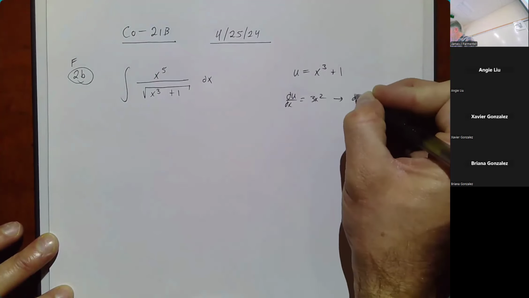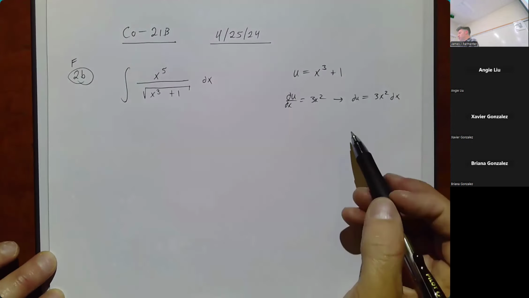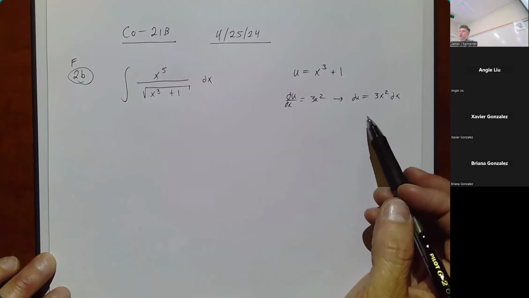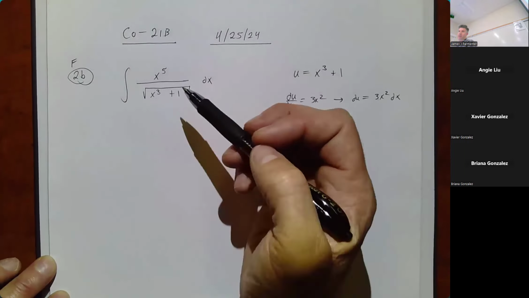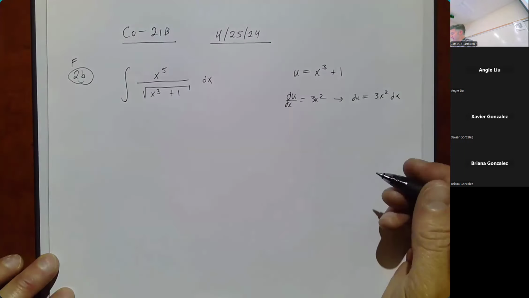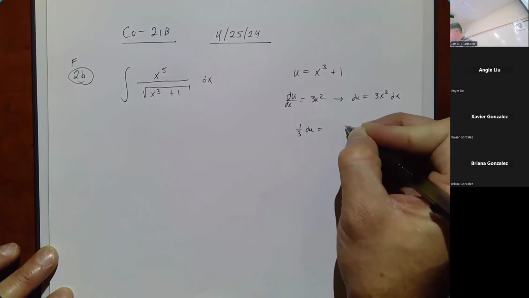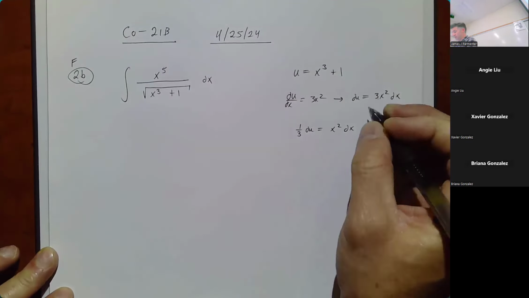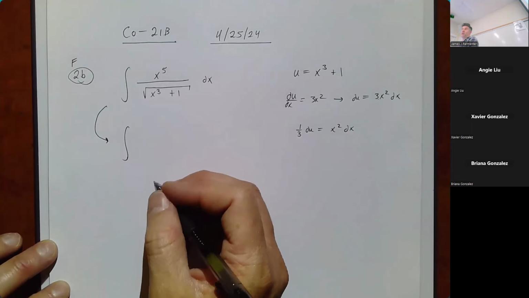We're going to write du equals 3x squared times dx. There's a number of ways to deal with this. I like to make my thing here look like something I have in the integral. So if it were me, I would write this as 1/3 times du equal to x squared dx, because my integral has an x squared times dx. It just doesn't look like it yet.